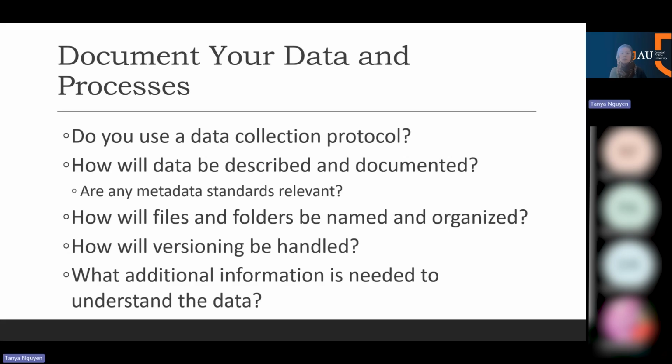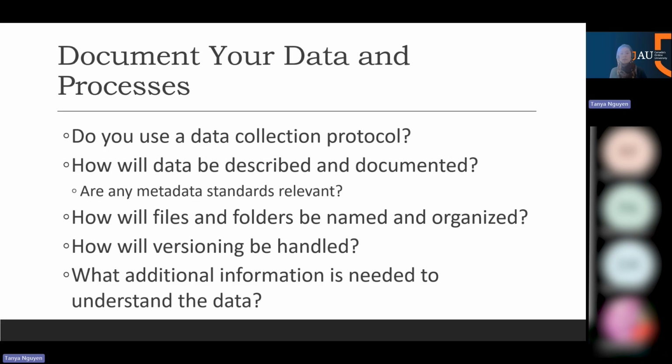So some projects might have a lab procedural document, and that is another example of documenting your data. And another thing we want to think about is, do you have a data collection protocol?